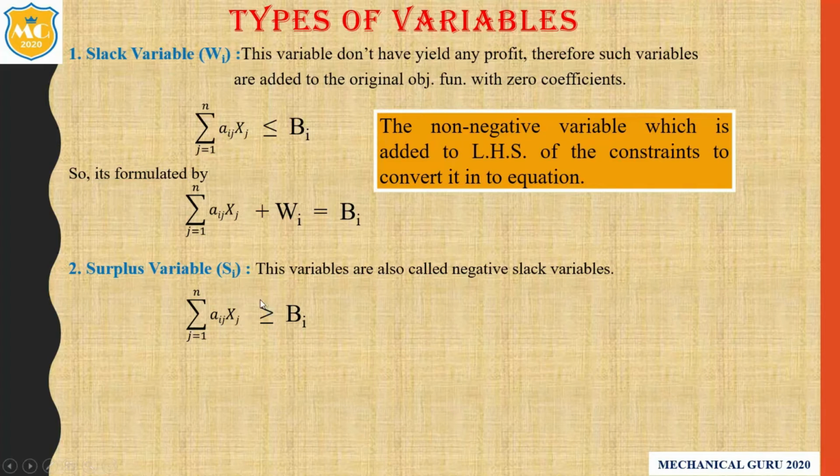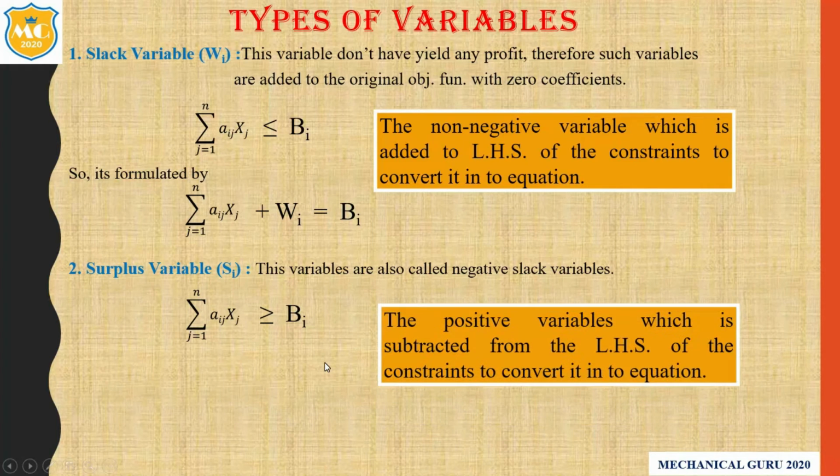So when the constraint sign is greater than or equal to, we have to use a surplus variable. These are positive variables which are subtracted from the left hand side of the constraint to convert it into an equation. So it's formulated by summation of j equal to 1 to n, aij xj minus si equal to bi.